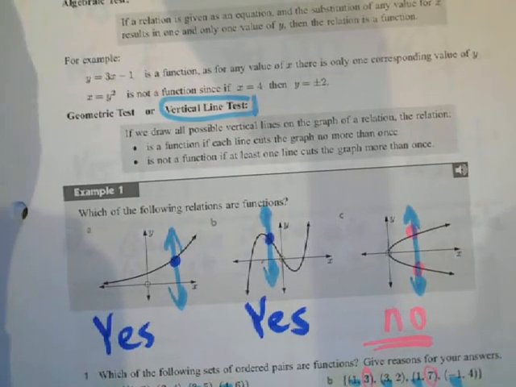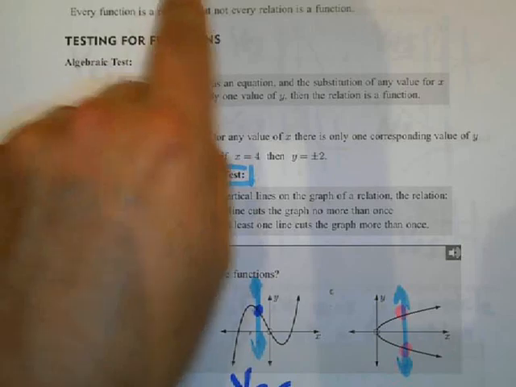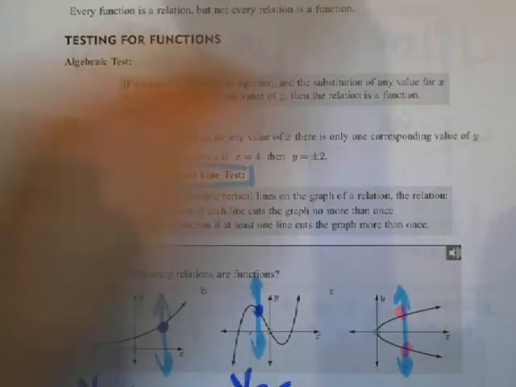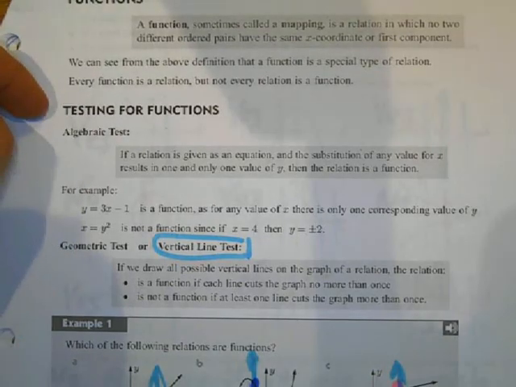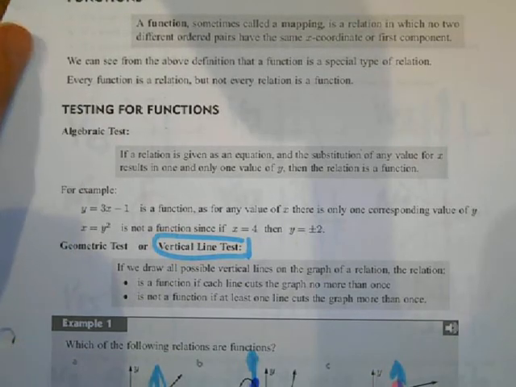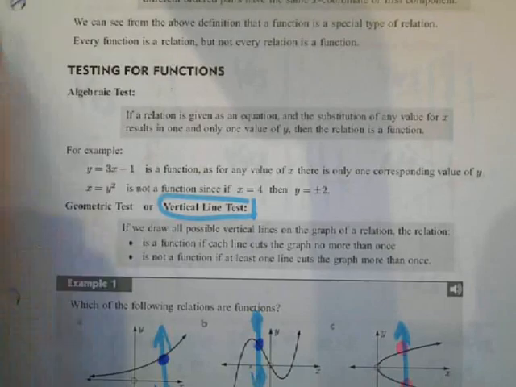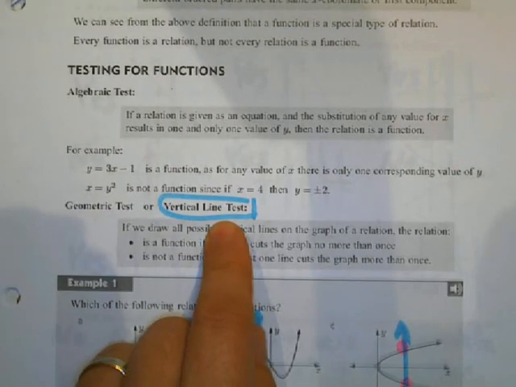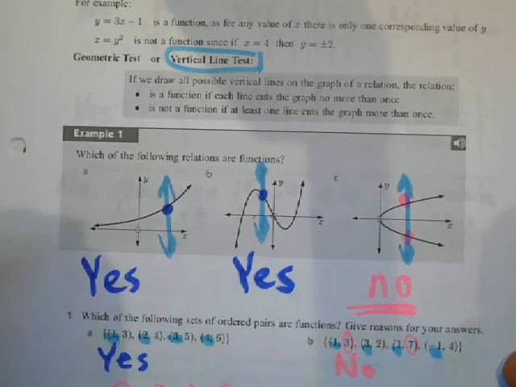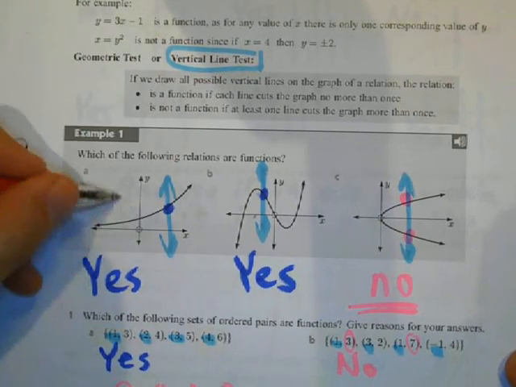Okay. Now, to test if something's a function, we can do a function map, and we'll do some examples of that later. But another way to quickly determine if something's a function is to use something called a vertical line test. So if I use a vertical line test, that means I can draw a vertical line anywhere through the function.